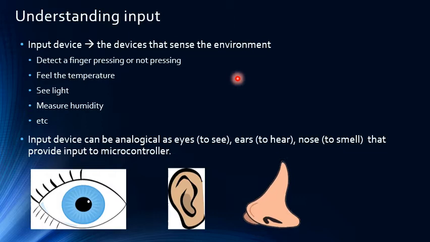If you just want the microcontroller to sense light, then you just need to give the microcontroller some eyes. So it's not required to provide all of the sensors to the microcontroller. Just put what you need.